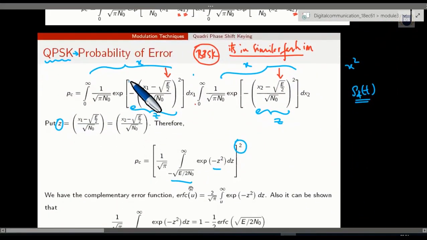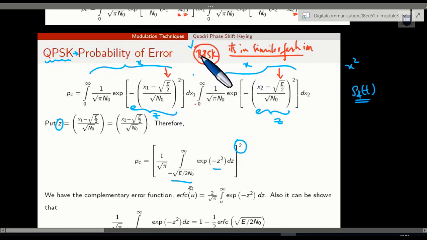In order to solve this daunting equation, we'll make use of the substitution method, where we assume the thing within the square brackets as equal to variable z. We did make use of a similar drill for solving probability of error for BPSK.